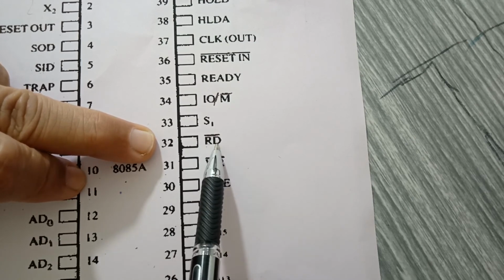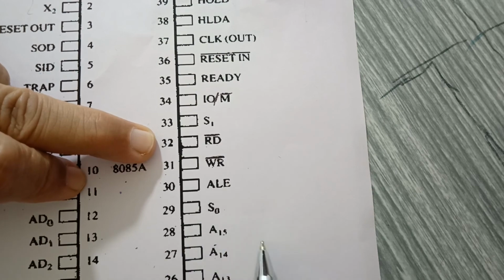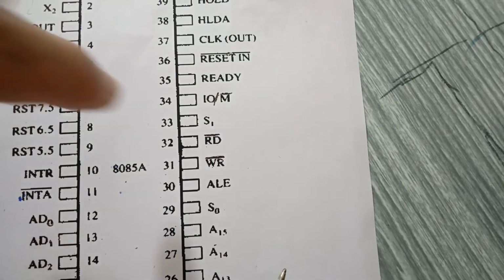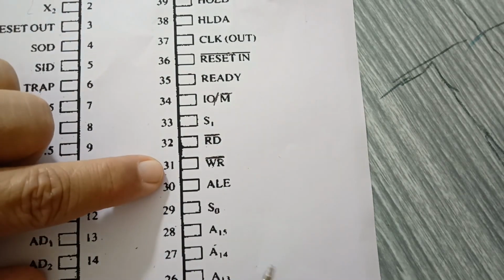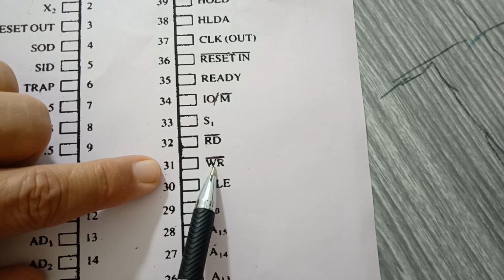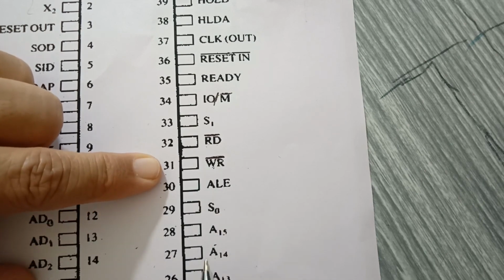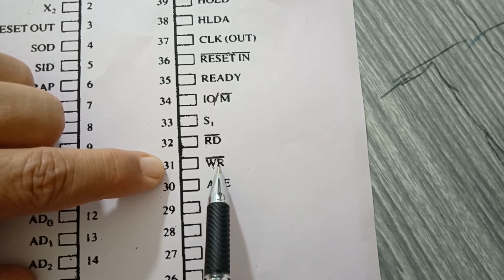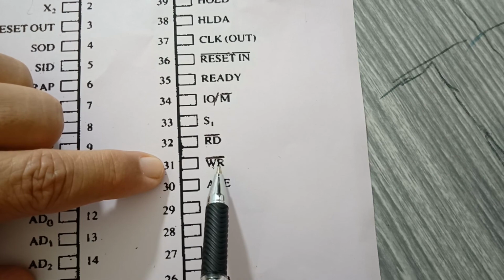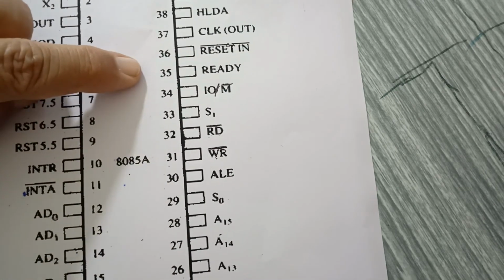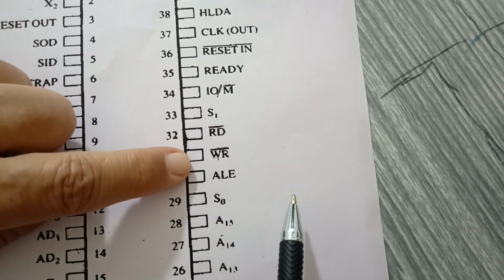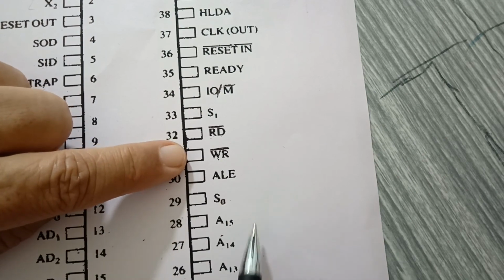Low means read. It will read the content of some memory location, and that data will be accepted on the data line into the microprocessor. In the same way, this is for writing to the memory. So the address is sent, the address latch enable signal is sent, and this goes low. Low means a writing operation will happen. So data from the microprocessor will be written or stored into the memory chips. So this is the function of WR bar and RD bar.